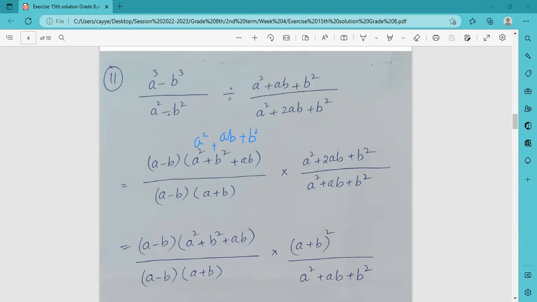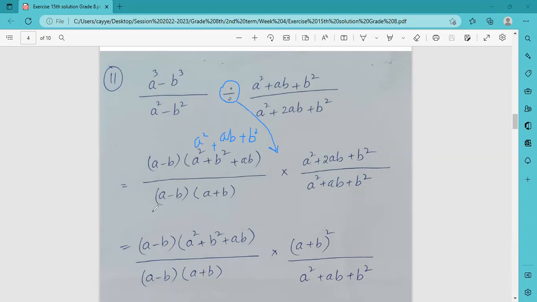Then afterwards, there is a square minus b square in the denominator. So what we have to do, this is identity 3, a minus b into a plus b. Change this division sign into multiplication in the same step. When you change, you will see that the denominator becomes the numerator and the numerator becomes the denominator.